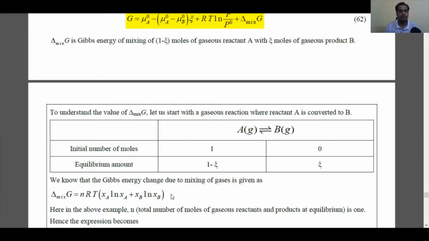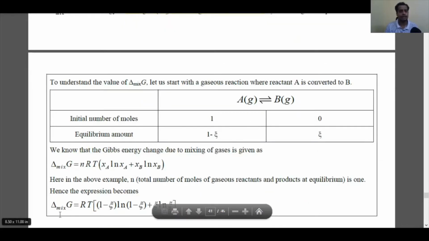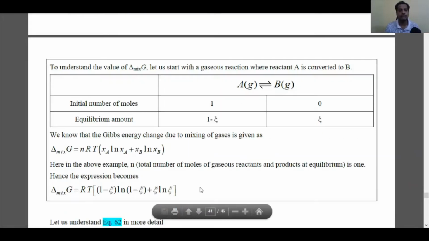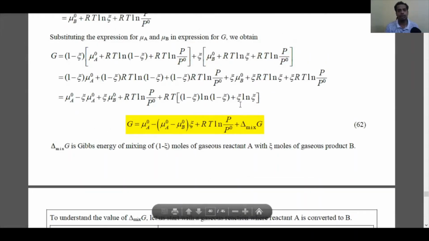So if we substitute that, we'll get delta G mix, or the Gibbs energy of mixing, as RT (1 minus xi) ln (1 minus xi) plus xi ln xi. This term appears only here. So the total terms are replaced by delta G mix, the Gibbs energy of mixing.